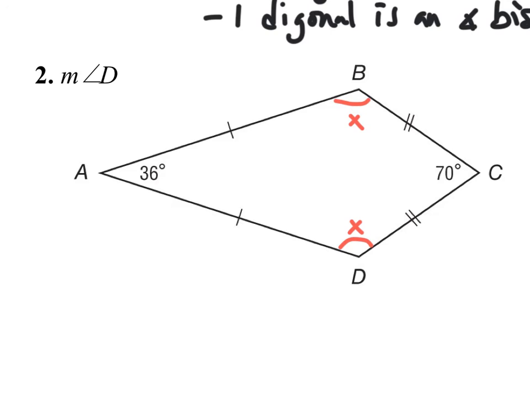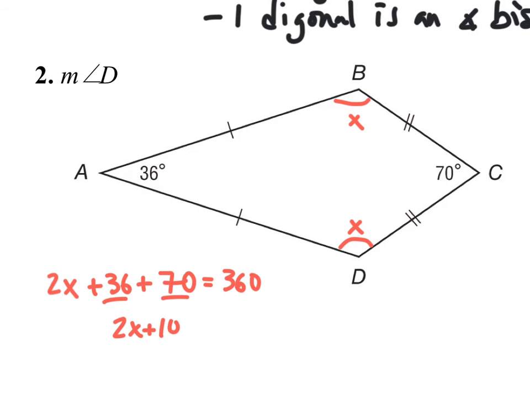So here's how I could set up that equation. I could say 2x, because I have 2 of them, plus 36 plus 70 is equal to 360, okay? So 36 plus 70, that's 106, so I get 2x plus 106 is equal to 360.